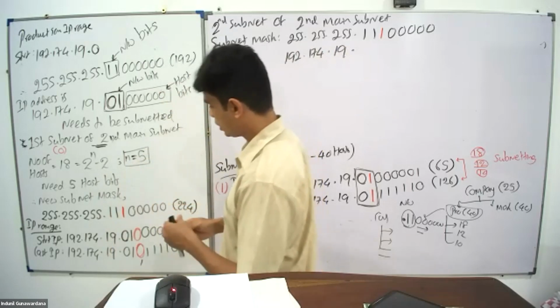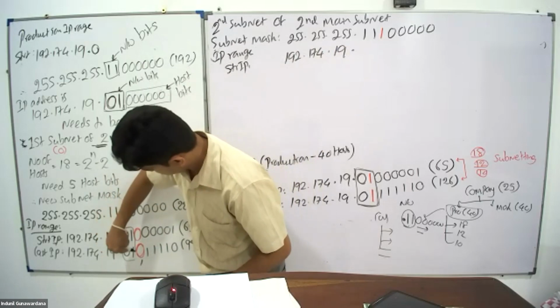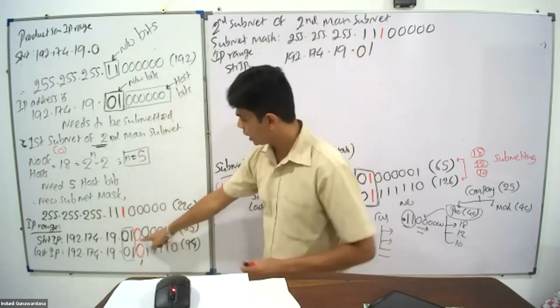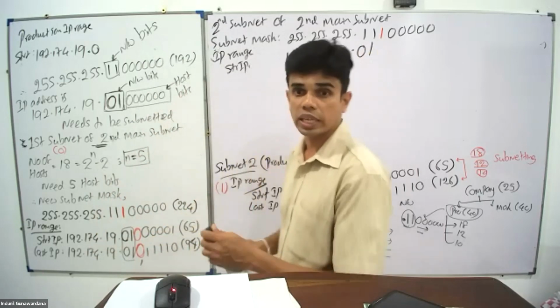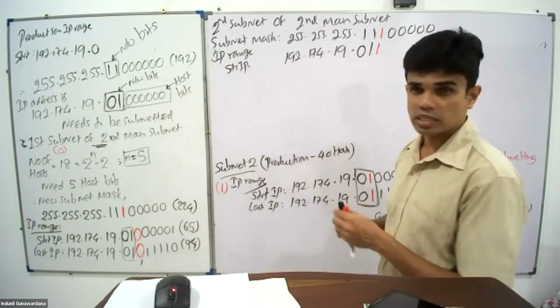So I must maintain these as fixed. These are the network 01, 01. And earlier subnetwork I used 0. Then I use here 1.